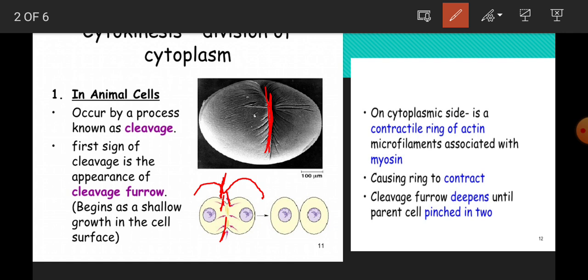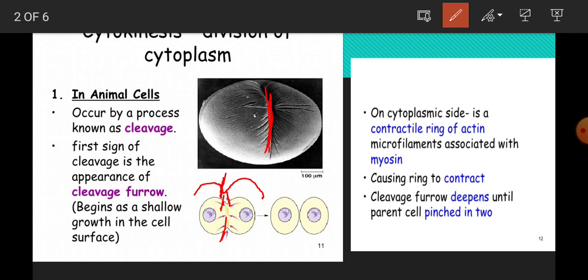Actin and myosin are microfilaments, like a cellular skeleton, like the fibers inside the cell. As we have bones for our structural balance, these fibers maintain the structural balance of cells.